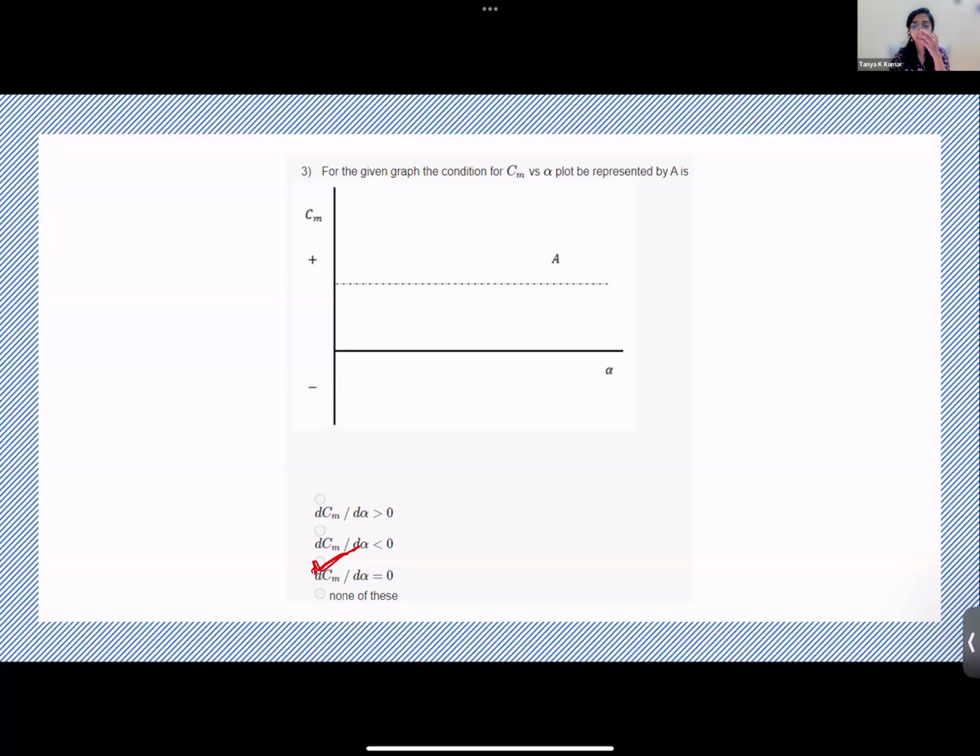Less than 0. Yes, so your CM alpha should be less than 0, right?